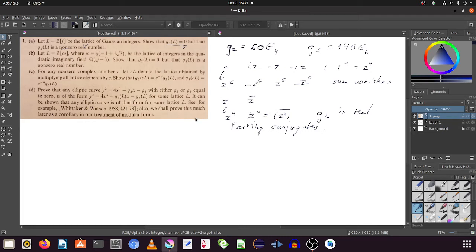I don't think we're supposed to use that. G8, 10, etc. are given algebraically by G4 and G6, so that if they both vanish, then the whole series will vanish, so that the Weierstrass P function simply becomes 1 divided by z square, and that's not a double periodic function. I don't think that's what they meant we should think.